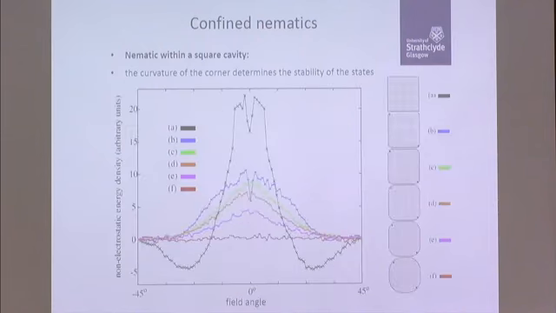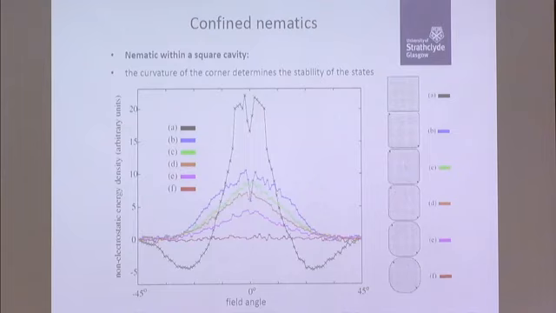And this is a fairly rough plot, but what I've done is change the field angle from 45 degrees to minus 45 degrees, so I'm effectively switching from one state to the other for a load of different shapes, from square to very rounded off square. And what I see is that essentially the energy barrier, this is the elastic energy, again reduces as I round off the corners.